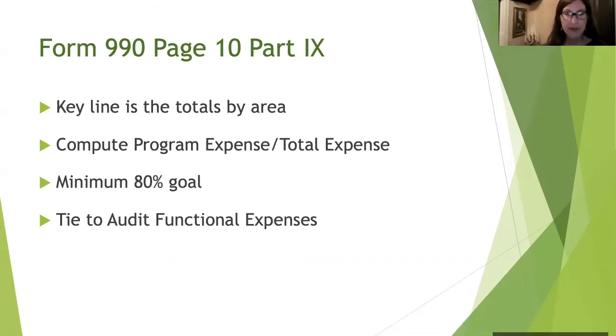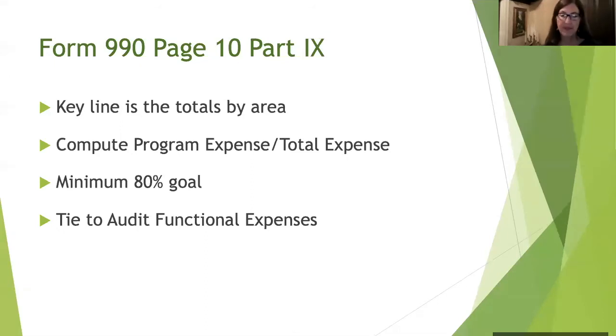When you look at the bottom of page 10 of the Form 990, that's where you have the totals, where it gives you your total program expense, your total management in general, and your total fundraising. And those are the numbers that you're going to use to compute that fundraising or management efficiency, trying to hit being better than that 80% goal.